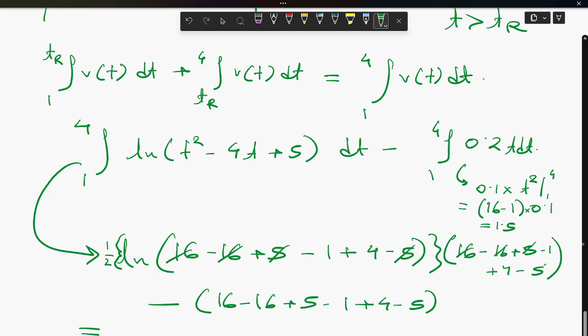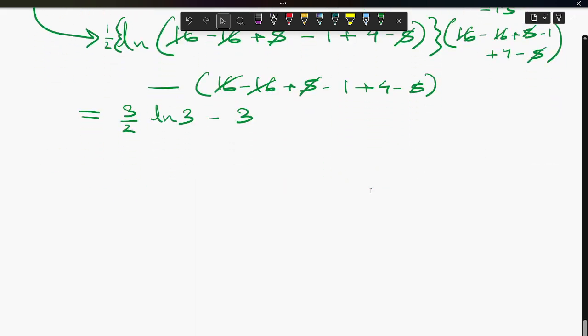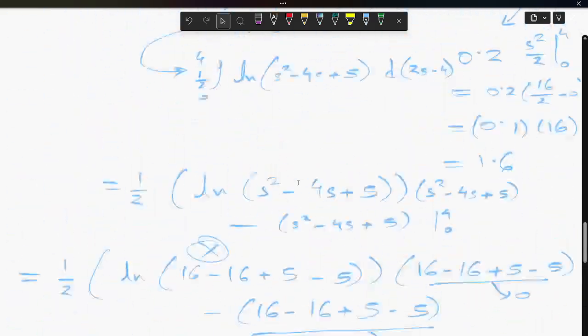So half, and there is 3 here. So 3 by 2 ln 3 minus. Okay, so let us see what is this. So this is the correct answer of this question.